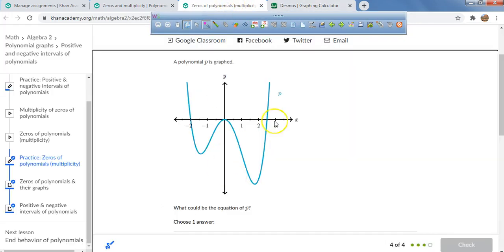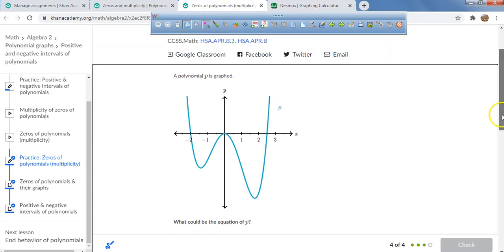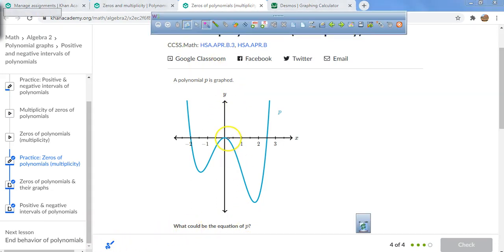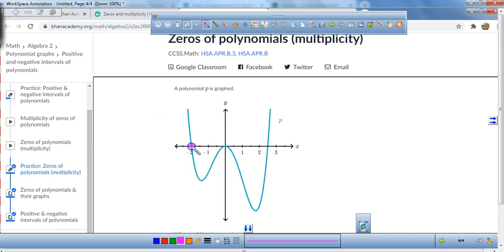All right, so if we were to look at this graph right here, we're just going to build a function off of its zeros. So it says, what could be the equation of p? So it crosses through right there. That factor would be x plus 2, because negative 2 plus 2 is 0. Then it touches it, but doesn't pass through. It just touches it, and that's at 0. So that could be x squared.